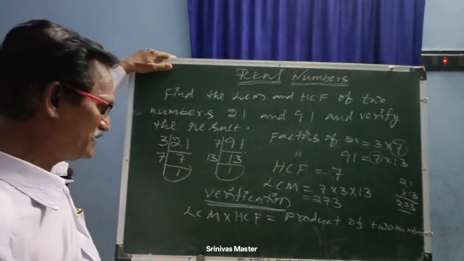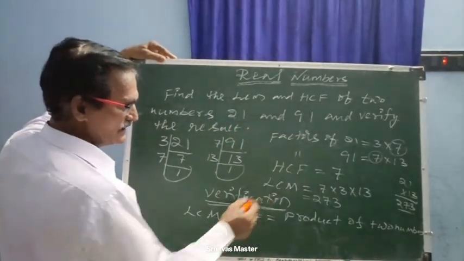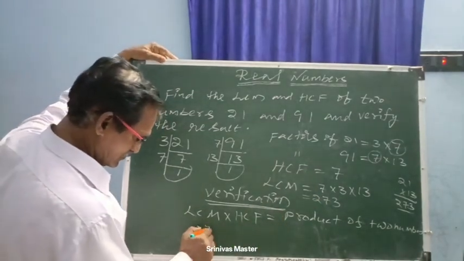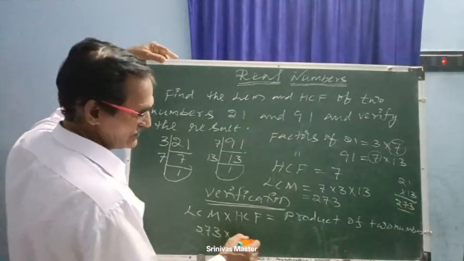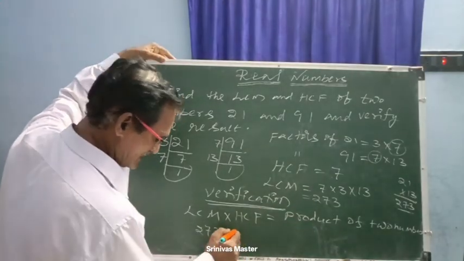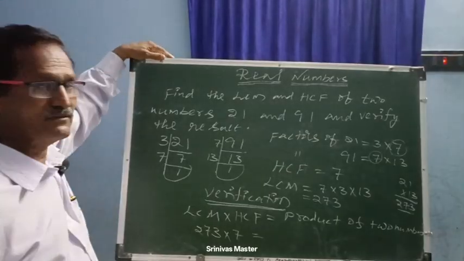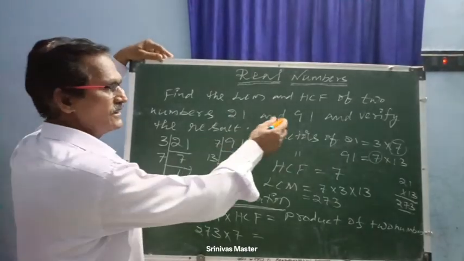See now, LCM into HCF. What is LCM, children? 273. 273 into HCF. What is HCF? 7. It is equal to the product of the two numbers. What are the two numbers here? 21 and 91.